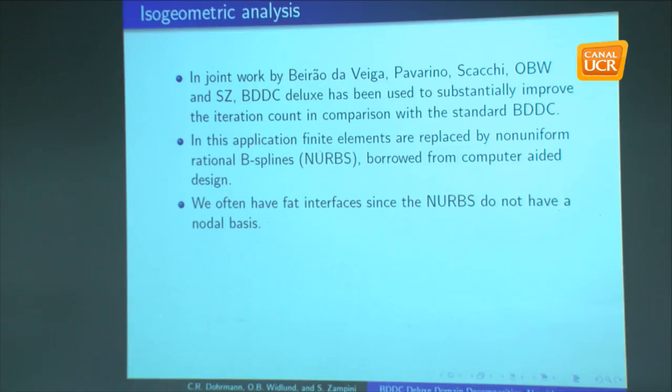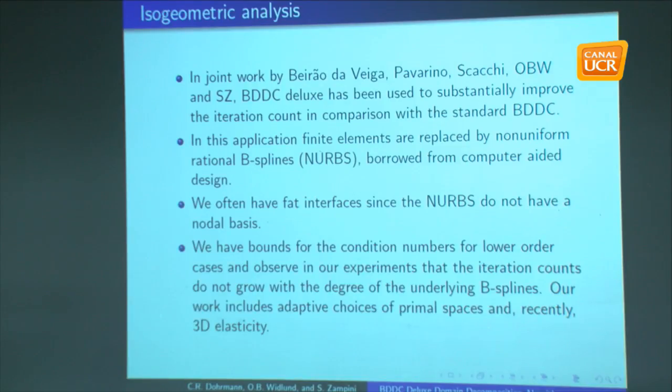And the answer is that we have been successful. And they also have obtained bounds for the condition numbers, typical log squared bounds for lower order cases. And we have observed in our experiments that iteration counts do not grow with the degree of the underlying B-splines. We don't know why.